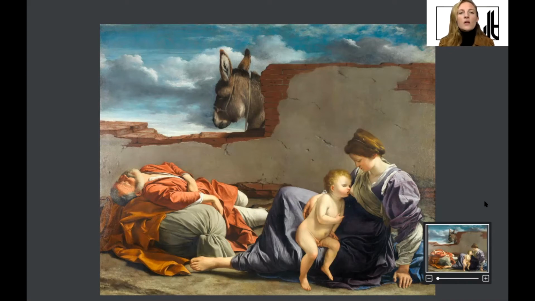So while live models were used for drawing and establishing design in the previous century, in the 17th century, you really start to see figures that have been painted from life.